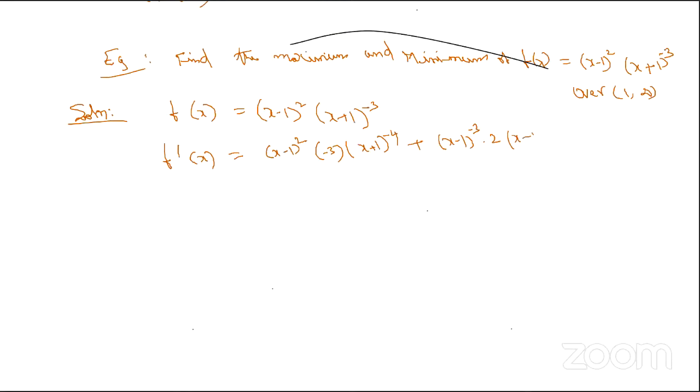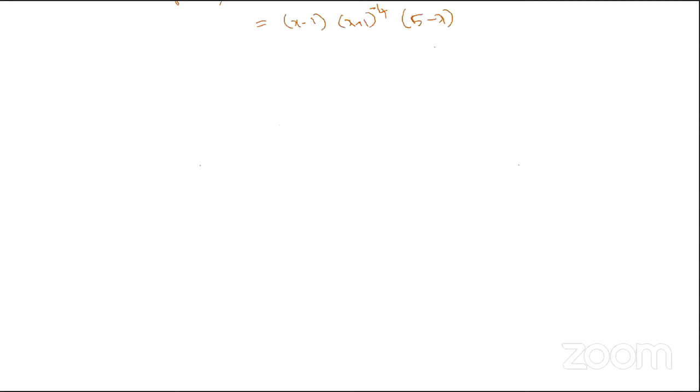On simplification we obtain (x minus 1) into (x plus 1) whole power minus 4, into (5 minus x).